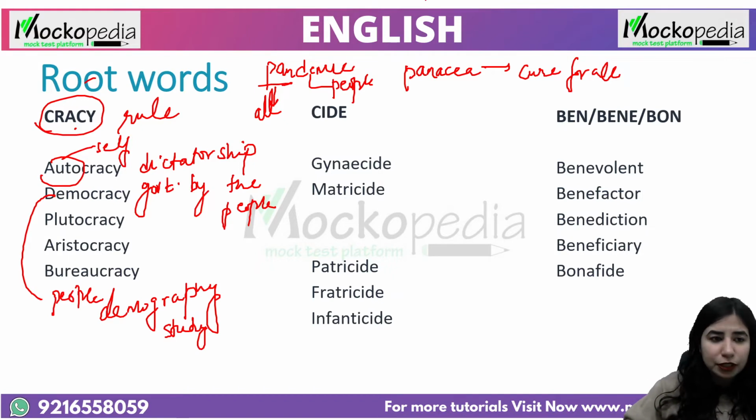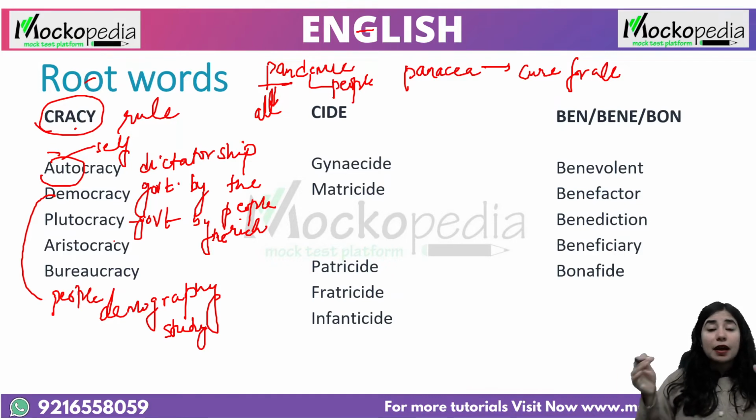So let's move further. Plutocracy is government by the rich people. So plutocracy, if you have to write it, it is government by the rich people. Now let's come to the next word, aristocracy. Have you seen those liquor bottles, right? There is an Aristocrat brand, and if you see the cover of that bottle, it has an image of a ruler or a queen, right?